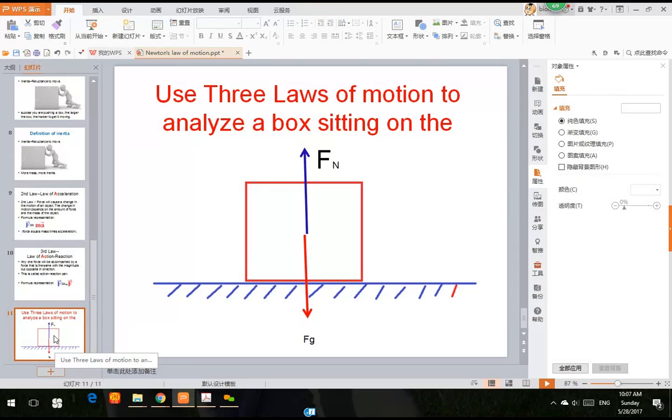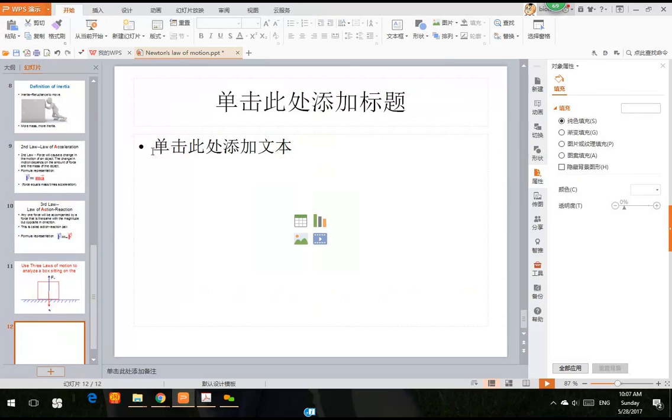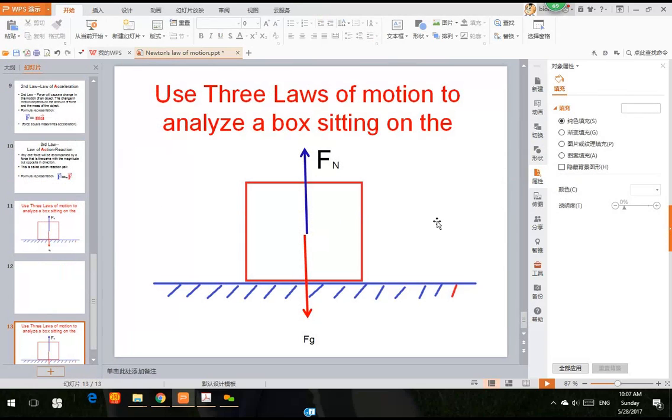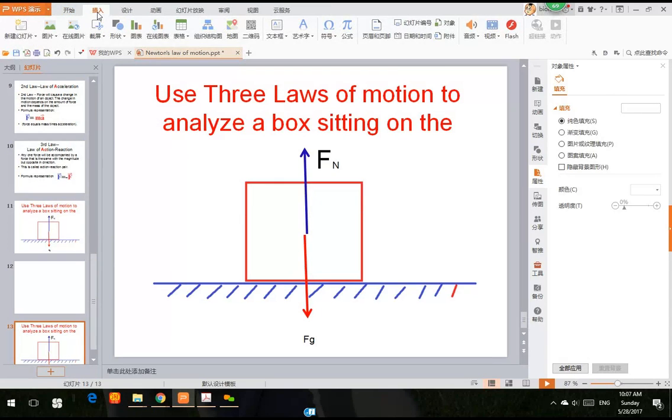Let's do it this way. Let's say now you're pushing this box.